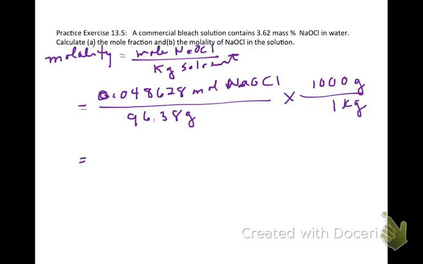So I can do this math. 0.048628 divided by 96.38 times 1,000. And I get 0.505 molality sodium hypochlorite. Okay, and that should be both of those problems.